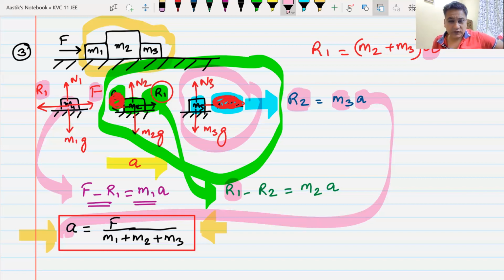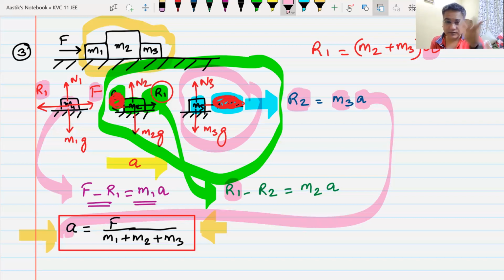In the next class, we will do more problems, and if you understand this concept, the simpler problems you will just do in 1 or 2 or 3 or 5 seconds. The only problem you will face is when the blocks move with different acceleration.